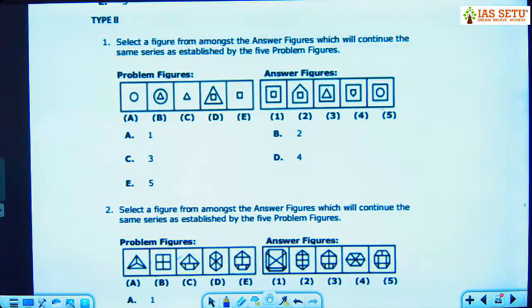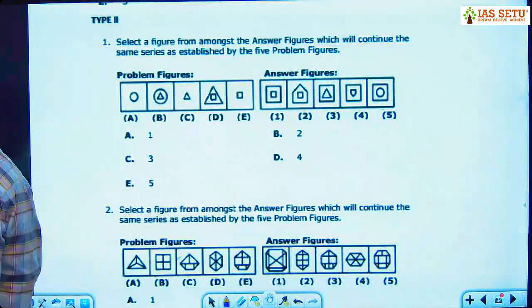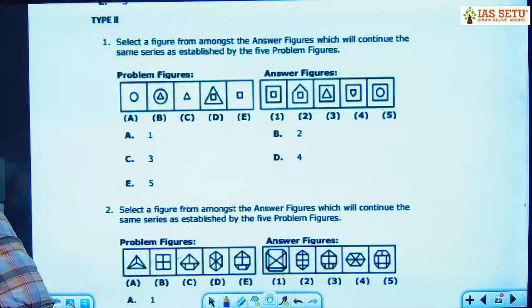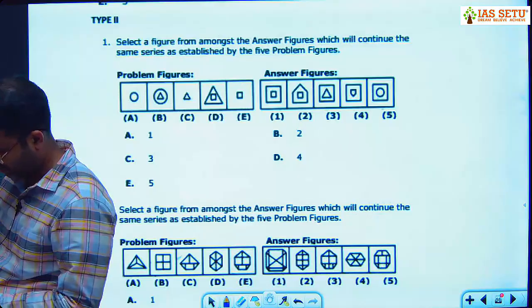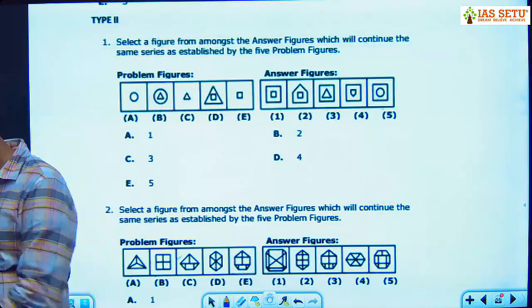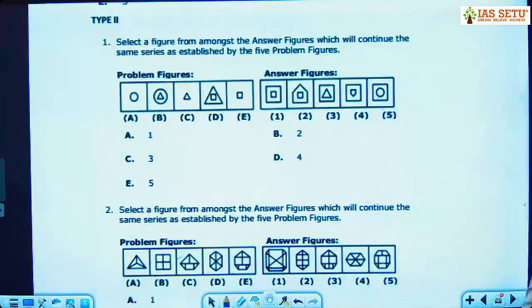Page number 5, type 2 question. हाँ, क्वेश्चन नंबर 1 and 2 रिमेनिंग इज योर होमवर्क. बाकी बचे हुए आपका होमवर्क.